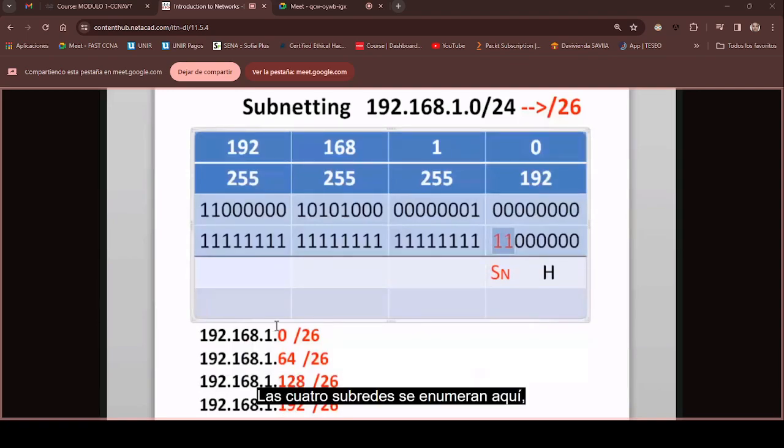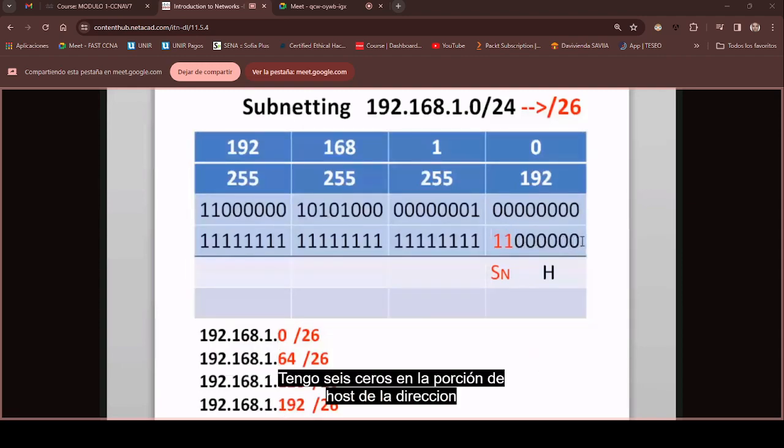The 4 subnetworks are listed here. For host bits, I have 6 zeros in the host portion of the address, and 2 to the 6th power is 64. Minus 2 for each subnet makes 62 usable hosts per subnet. The subnetworks that are created are the 192.168.1.0 subnet, the 64 subnet, the 128 subnet, and the 192 subnet.